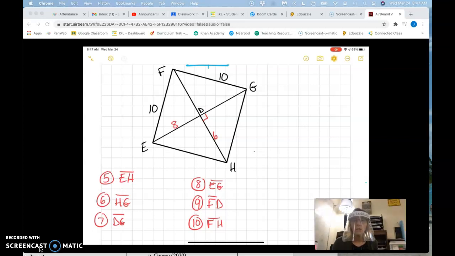Now I know this is a rhombus because these two sides are 10. Remember, opposite sides are congruent in a parallelogram, so that means this one's 10 and this one's also 10.